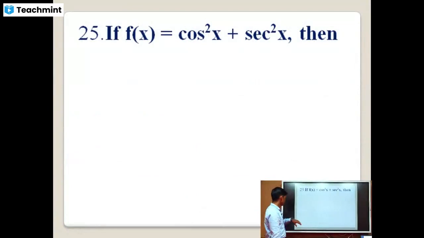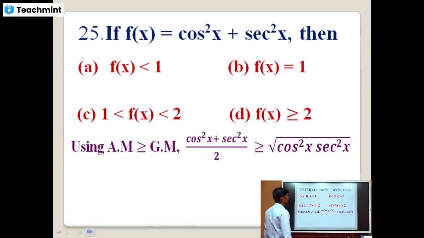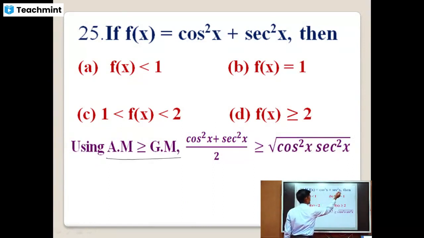Question number 25. If f of x equals cos square x plus secant square x, then f of x is... cos square x into secant square x is 1, because they are the reciprocals of each other. We use the concept that arithmetic mean is always greater than or equal to geometric mean. Arithmetic mean, cos square x plus secant square x by 2, is always greater than or equal to the geometric mean, that is root of AB.